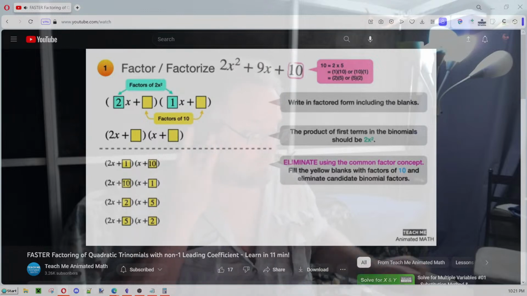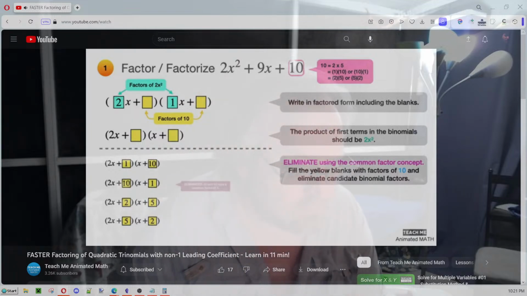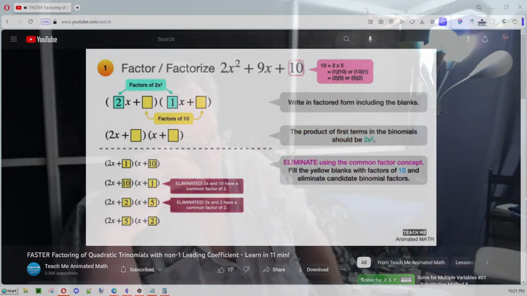This means that the binomial factors we are looking for cannot have a common integer factor aside from 1 as well. If you inspect the second and third candidates, you can see that there are common integer factors. For the second candidate, 2x and 10 have a common factor of 2, and for the third candidate, 2x and 2 have a common factor of 2.